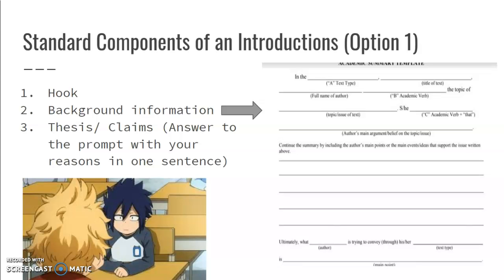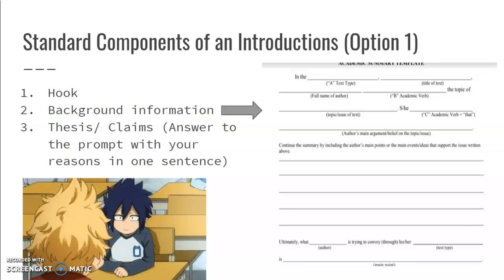And then you're going to either give me the author's argument, which is the central idea, or we'll think of it that way. Give me the author's stance, argument, belief, or the theme of this text. That's all you have to do.